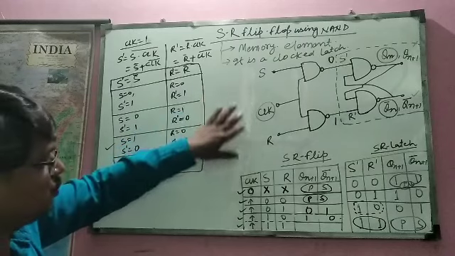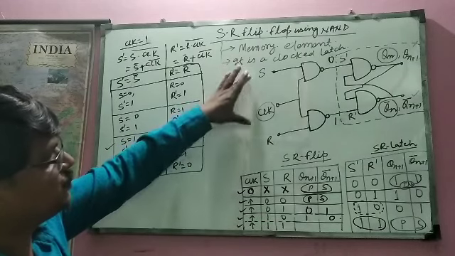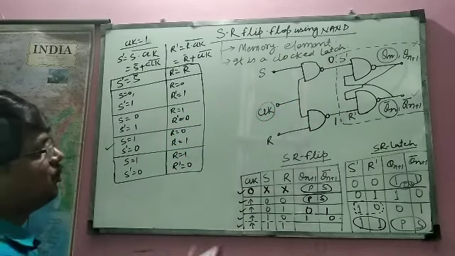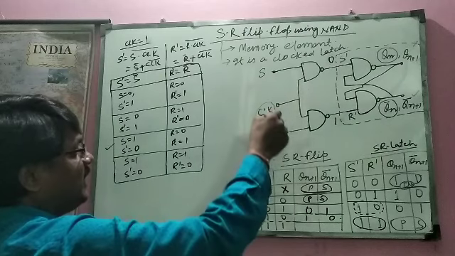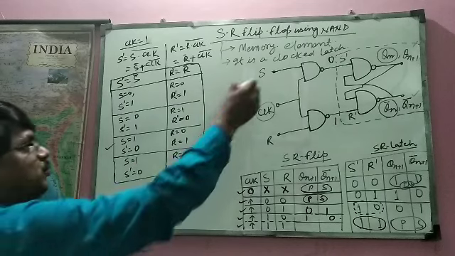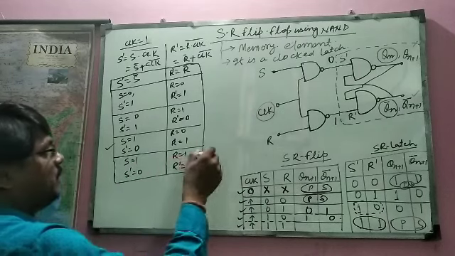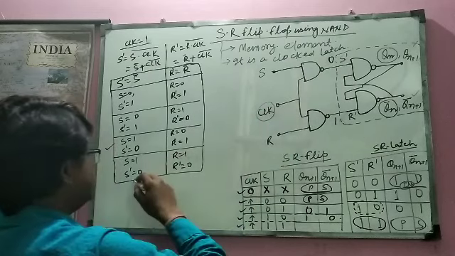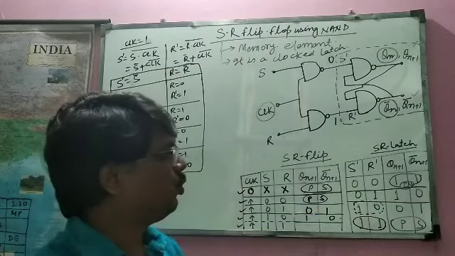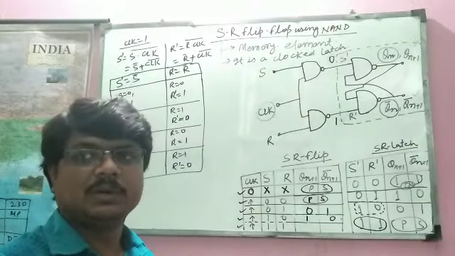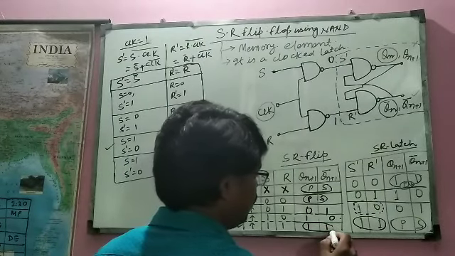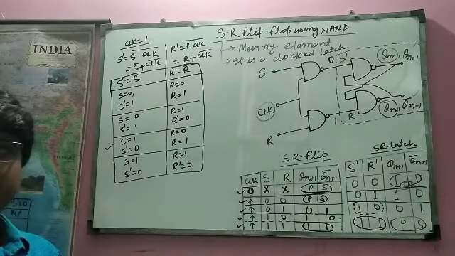The S and R values we are getting here are these values, and by using these values of S and R, we are calculating S dash and R dash. So S is 1 and R is 1, so S dash is 0 and R dash is 0. When both of these are 0, what will be the condition? It will be 1 and it will also be 1. So this is not a valid case.